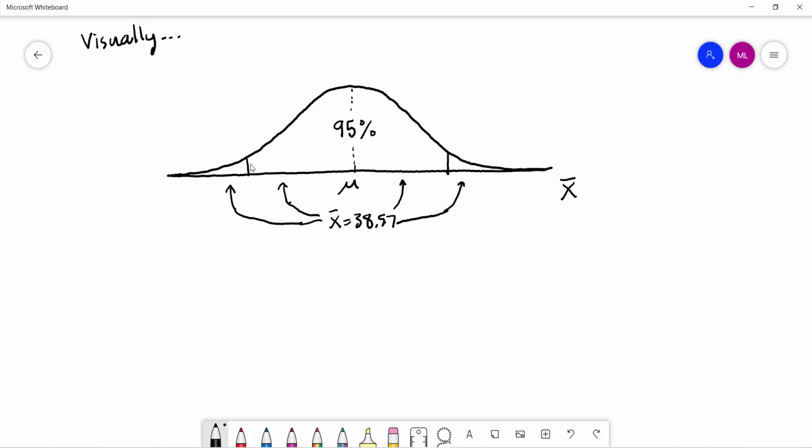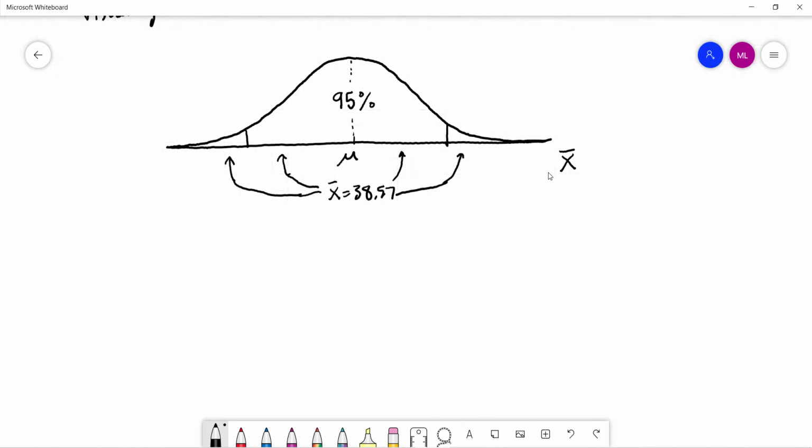So these two cutoff points on either side, symmetrically around the center, are the 95% of most common values where x bar could fall. And that leaves us with only 5% out here in the tails, the unlikely regions for x bar to fall.